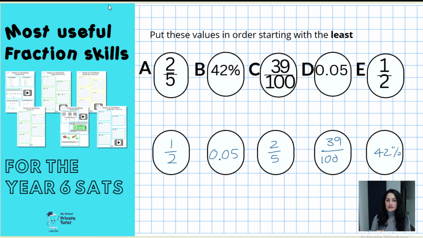Some of these values are ordered correctly compared to their neighbour just by almost guesswork. So if your child doesn't know the correct way to compare fraction and decimal equivalents, what we simply get is a guess. I will show you the correct method for this in part 3 of this video series.